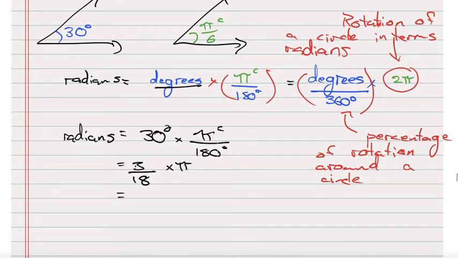Dividing both the top and the bottom by 30, we get 1 over 6 times pi, and we find that our angle in terms of radians is pi over 6, so 30 degrees equals pi over 6.